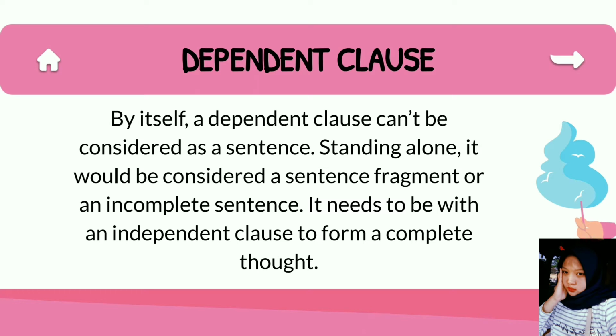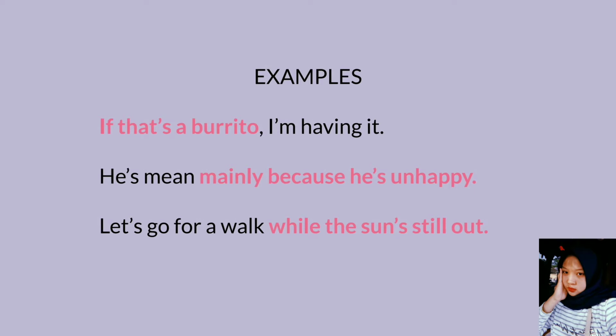What is a dependent clause? By itself, a dependent clause cannot be considered a sentence. Standing alone, it will be considered a sentence fragment or an incomplete sentence. It needs to be with an independent clause to form a complete thought. Example: if that's a burrito, I'm having it.